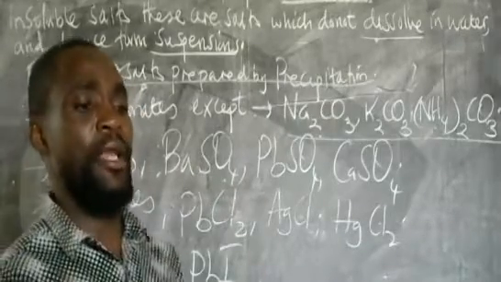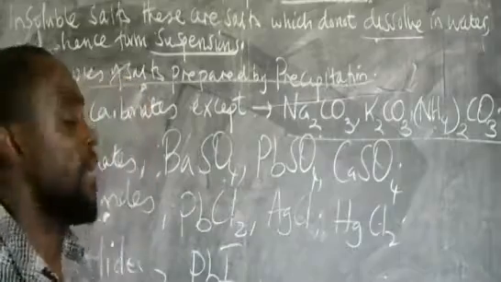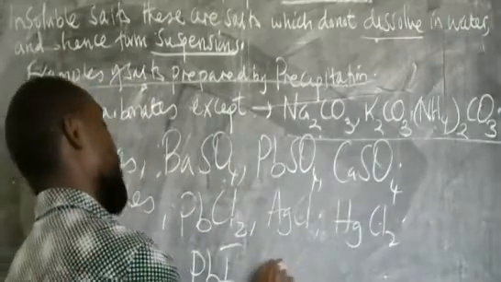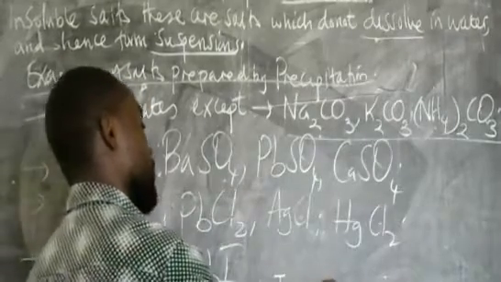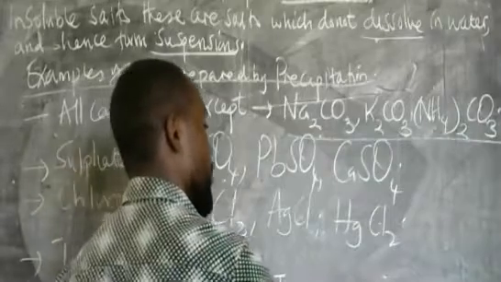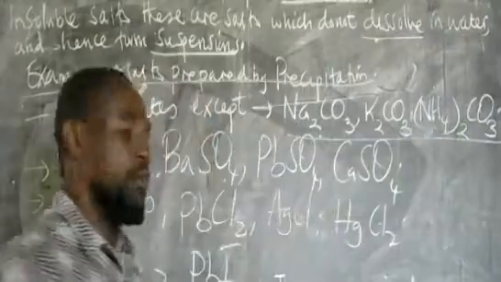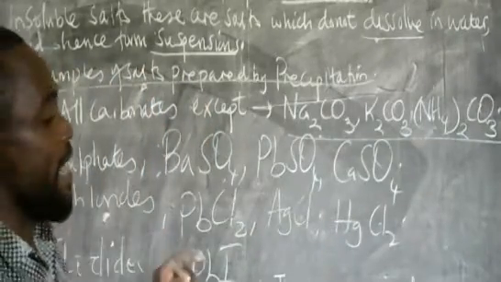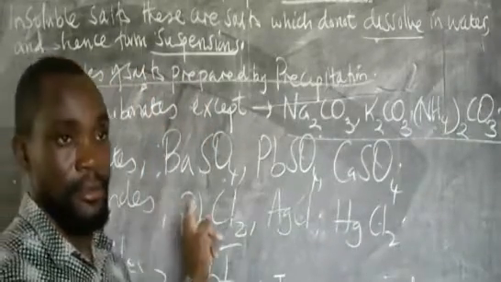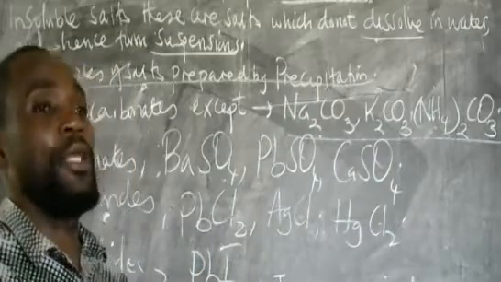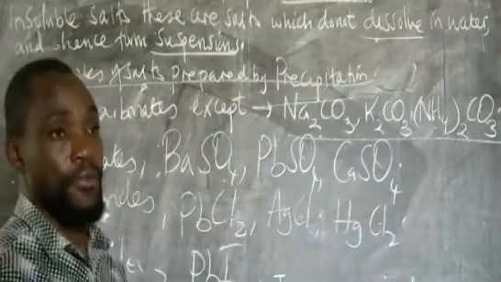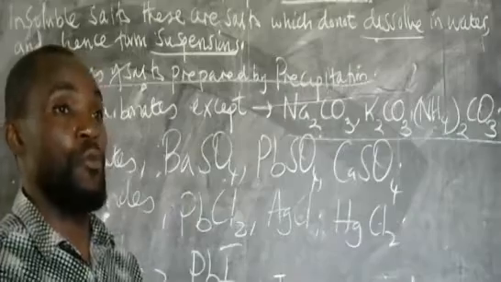So when we are preparing such salts, we must have 2 aqueous solutions set to react. One solution must contain the ions for the cation, the other solution containing the ions for the anion of the salt you want to prepare.